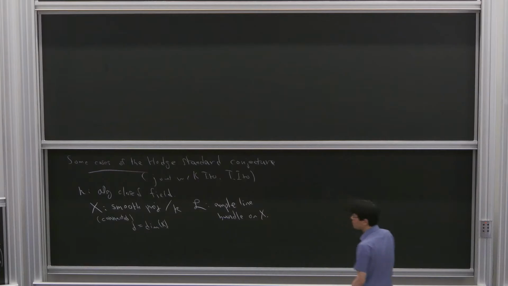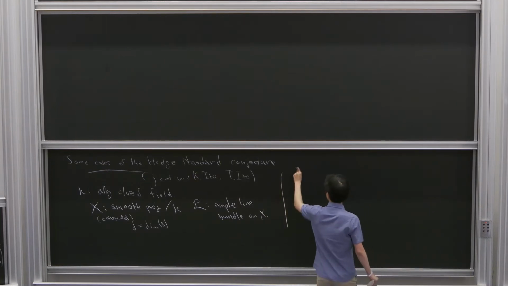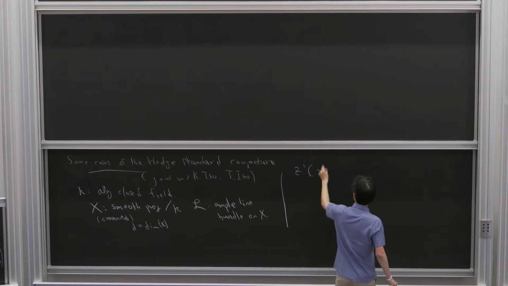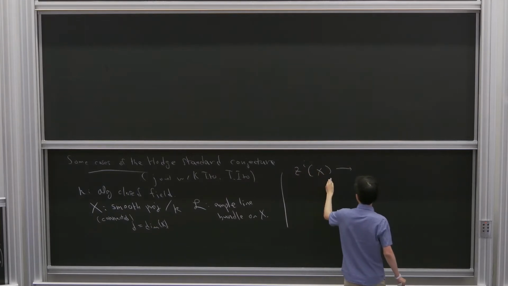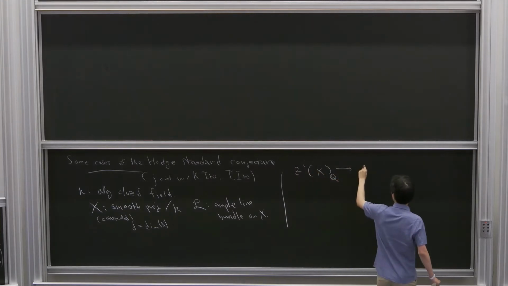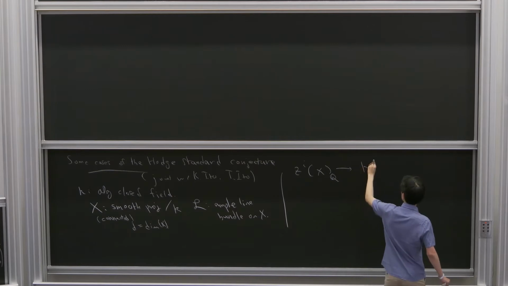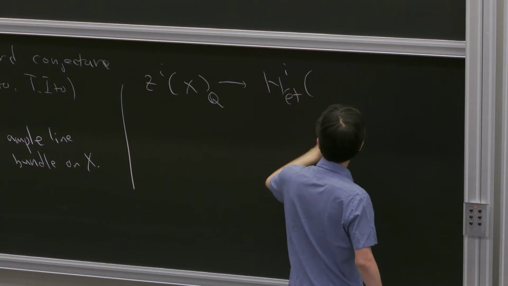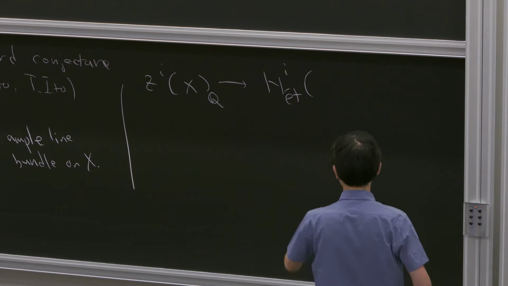Okay. Now we have a cycle class map, with Q_l coefficients, to l-adic étale cohomology.